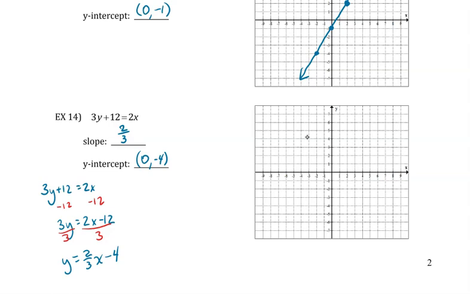All right, let's go ahead and start with the y-intercept. So (0, -4) is a point right down here. And from there, we can go up 2 over 3 to get to our next point. So up 1, 2, right 1, 2, 3. That gives us our next point.